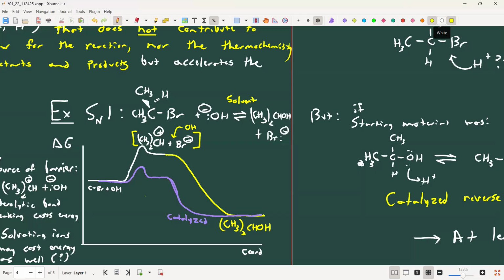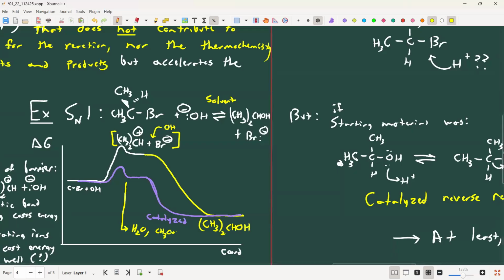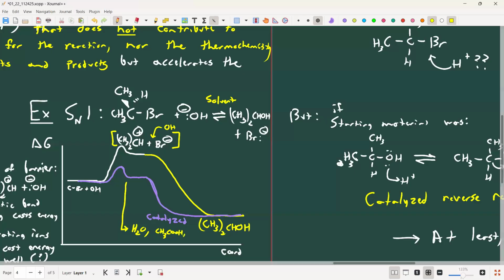So for instance, the solvent for the catalyzed process could be H2O, or acetic acid. What are some other polar solvents? To a lesser extent, CH3CN. Polar solvents.